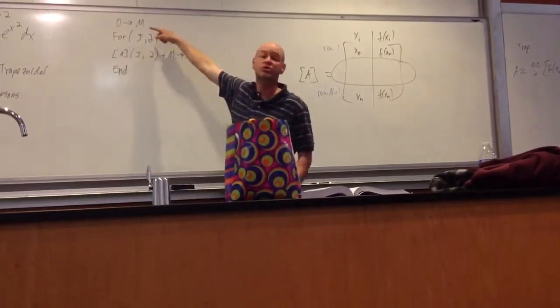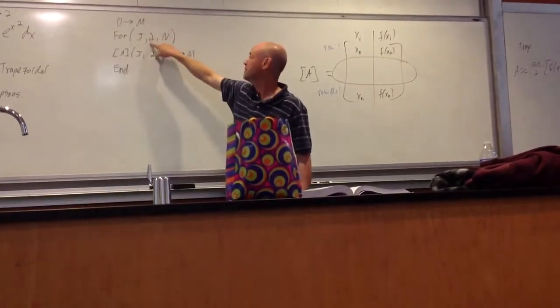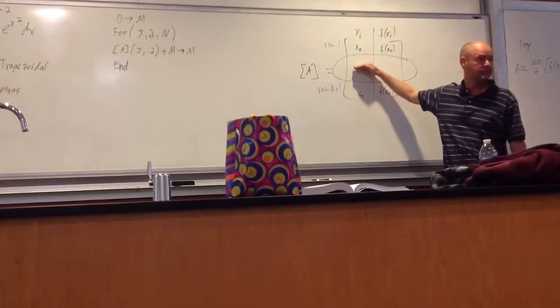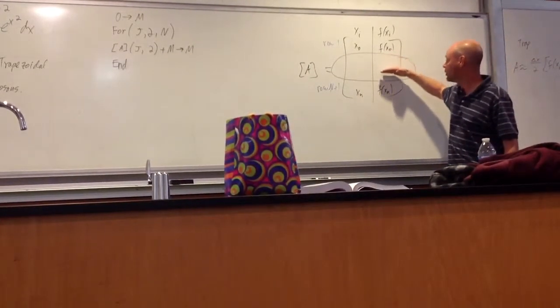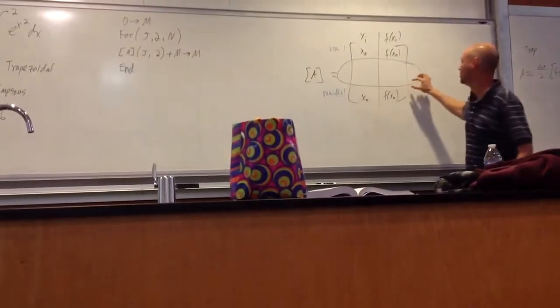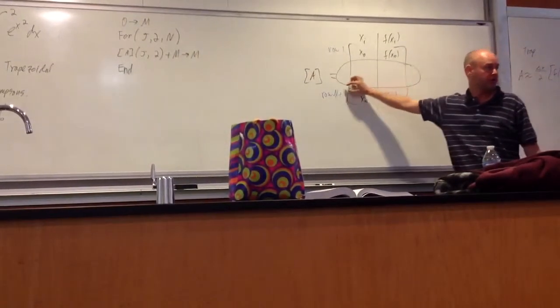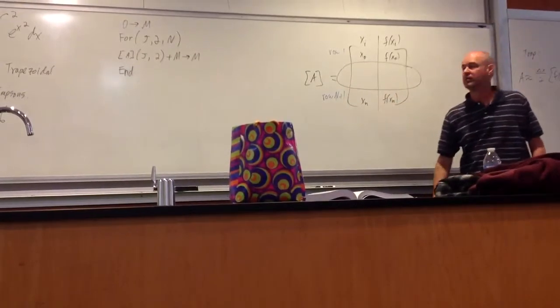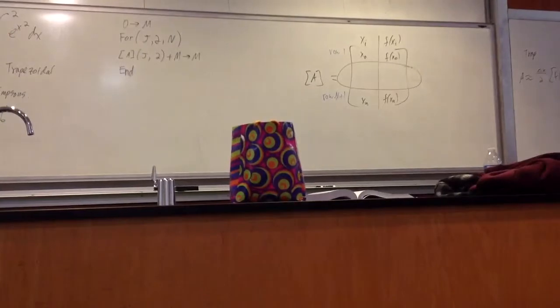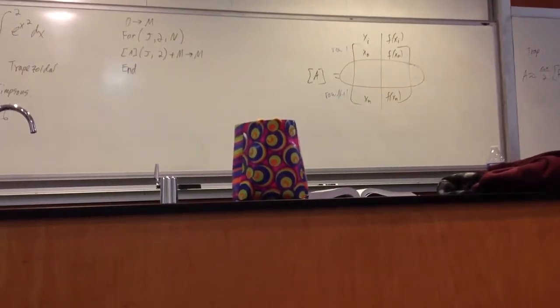Then j is going to become 3. When j equals 3, I'm now at the next one down, and it's going to add every single one of these up until it hits the nth row, which is right above this one here. And at the end, I'm going to get m. M is just the summation.